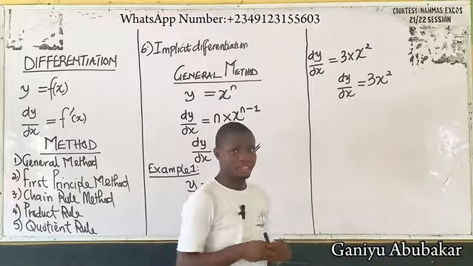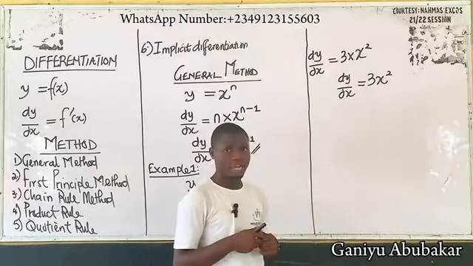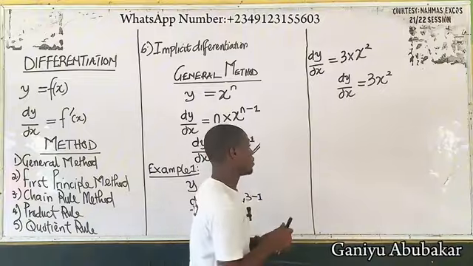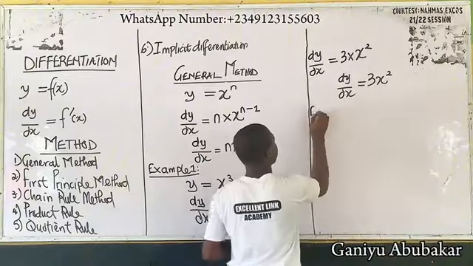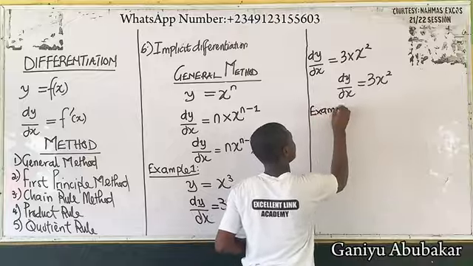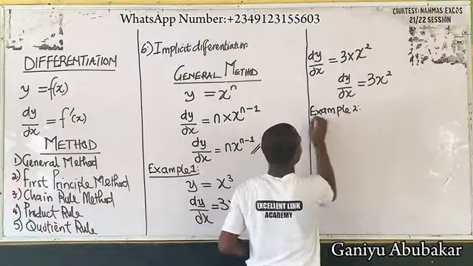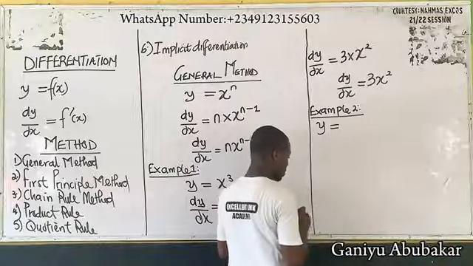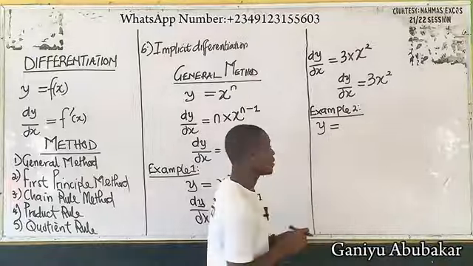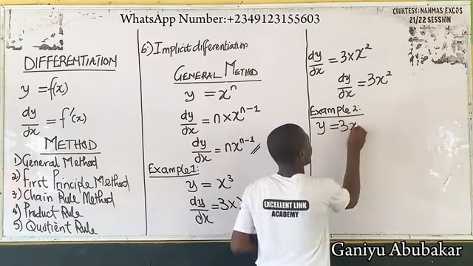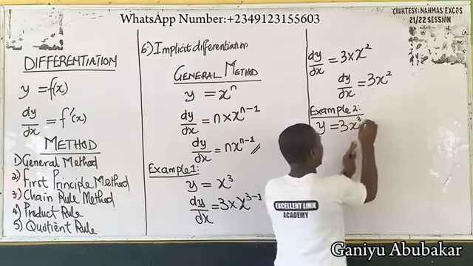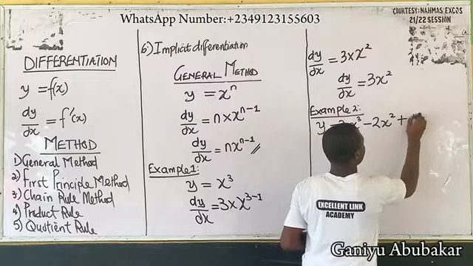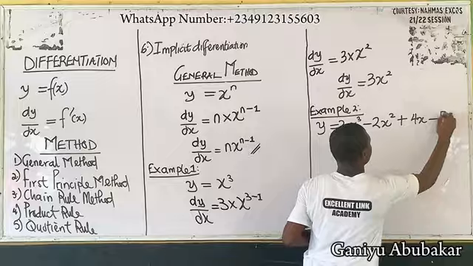Let's take yet another example and see how we can evaluate it. Example 2. Let's say I have that y is equal to, let's make it more complex now, 3x to the power 3 minus 2x squared plus 4x minus 5.